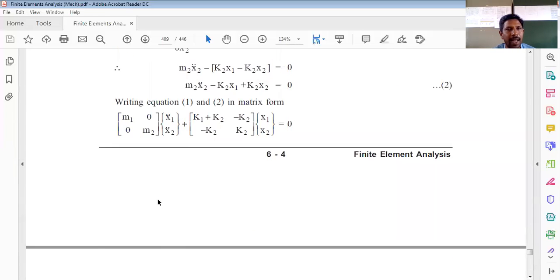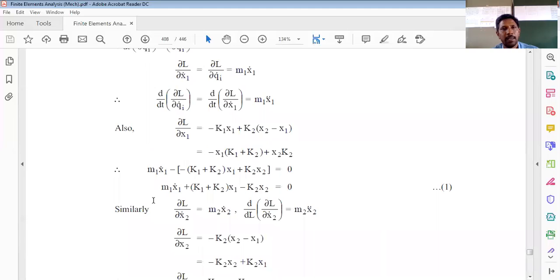So with the help of the Euler-Lagrange equation, we can derive the equation of motion for a dynamic system by taking L is equal to T minus pi, where T is the kinetic energy, which we have to calculate for each mass, and pi is the potential energy, which we have to calculate for each spring.